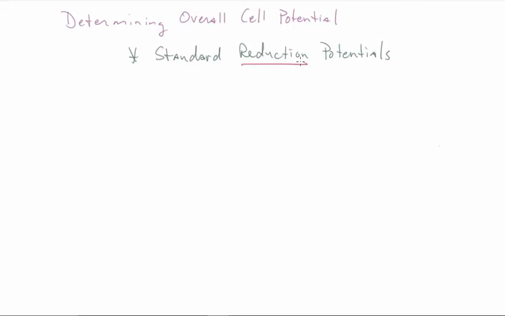Now, the reduction is important here because every reaction that I'm about to write is going to be written as a reduction reaction. All right, and so I'm looking here, this is the standard reduction of hydrogen. This is one of those things where scientists said, what are we going to compare everything to? Where's our starting point? And so hydrogen became our starting point.